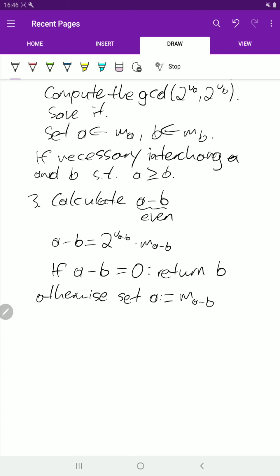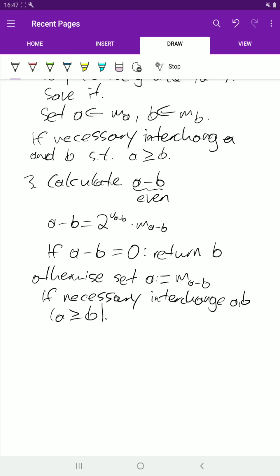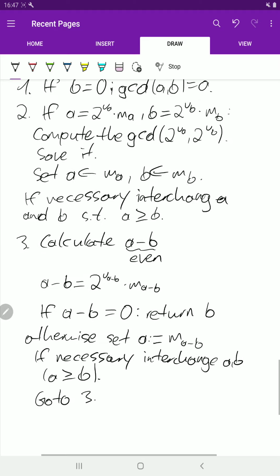That's our new a, and again, if necessary, interchange a and b such that a is at least b, and then we go to step 3 again.